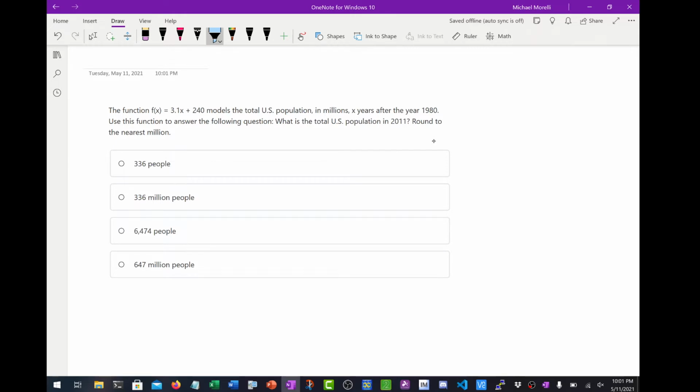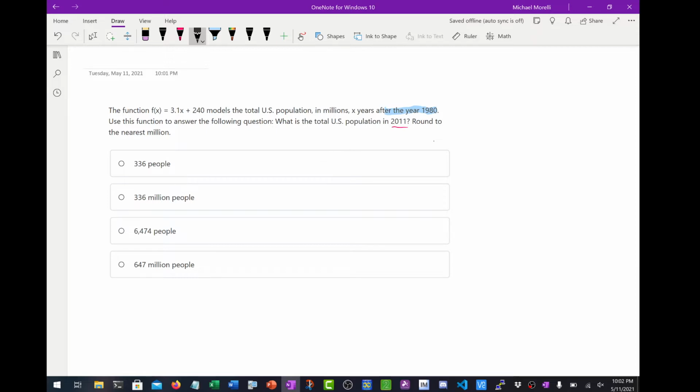So years since 1980 is going to be important here. It's asking us what the population is in 2011. And x is the number of years after 1980. So first thing we need to do is figure out how many years there are between 2011 and 1980.